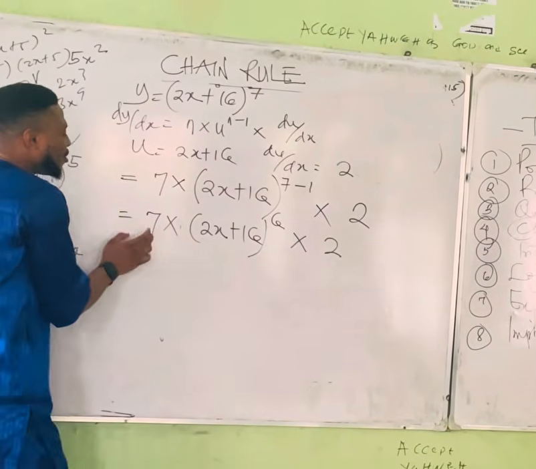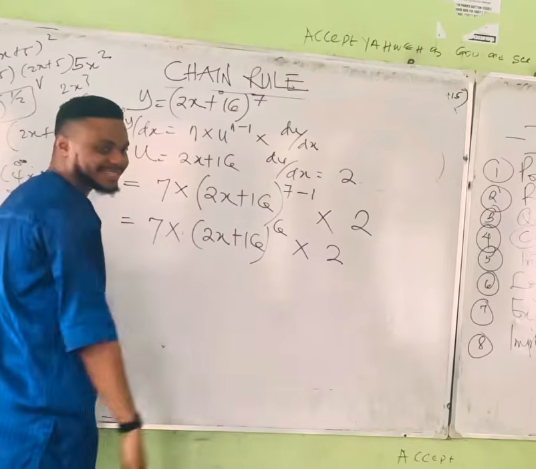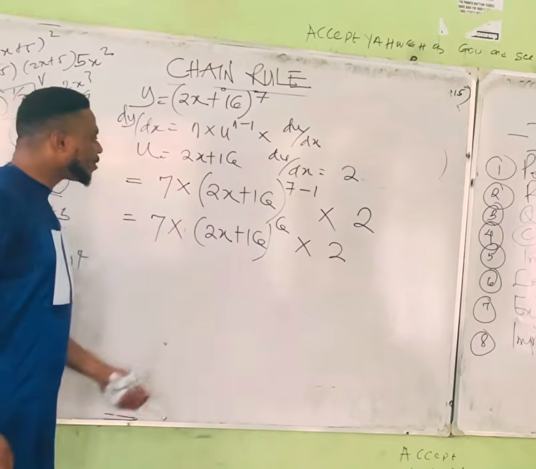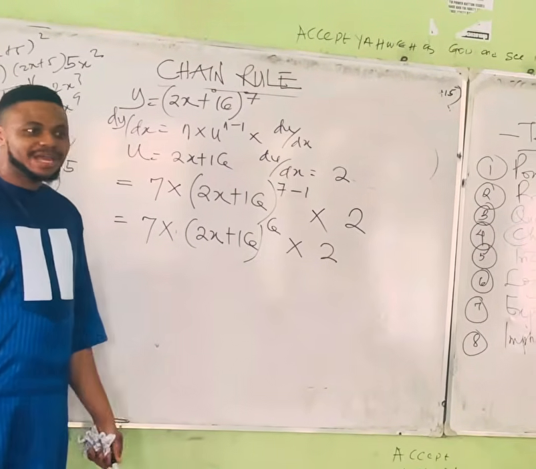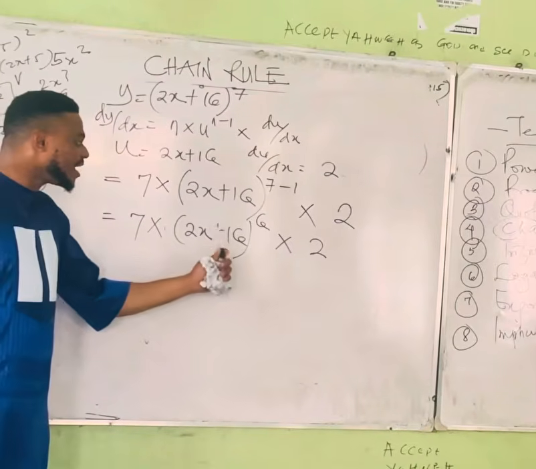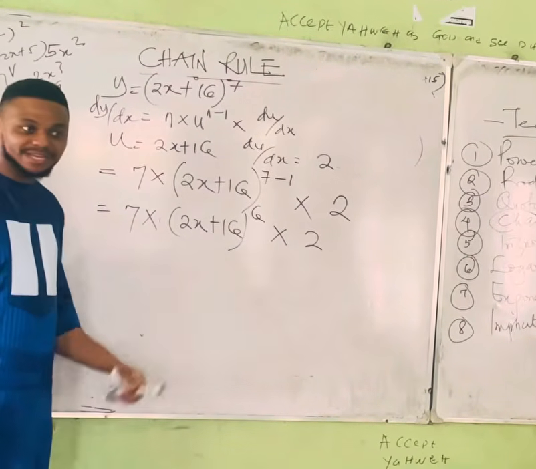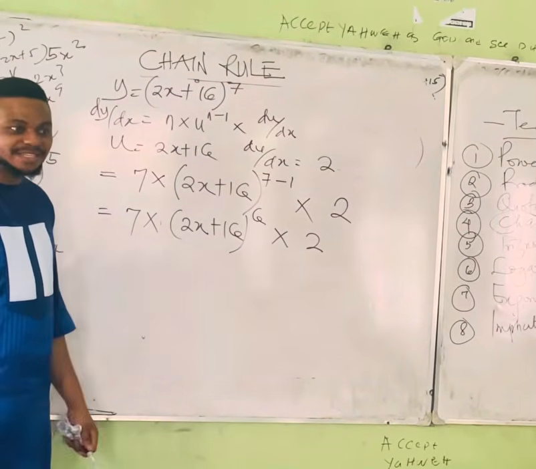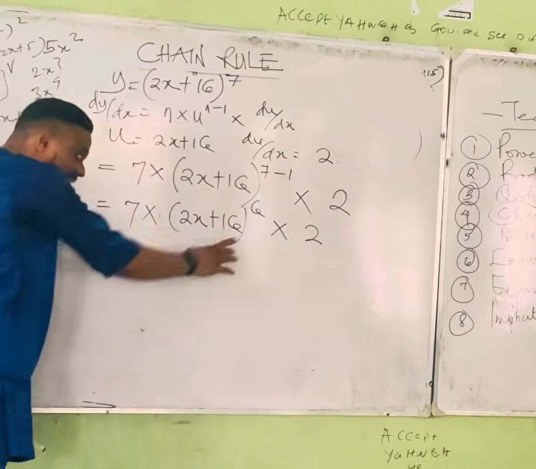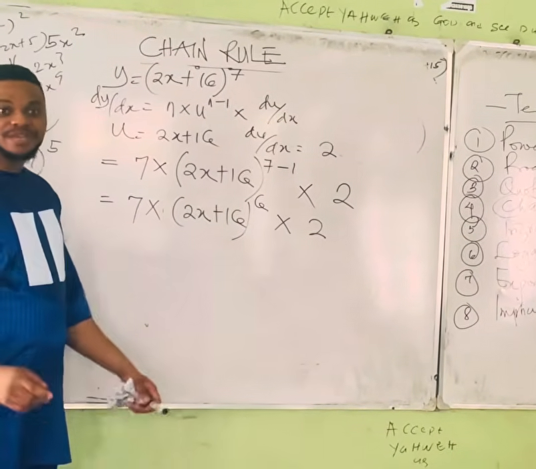Now, you cannot multiply 7 by this bracket, because it has a power. And you are not expected to expand it. It's not your business, don't even try it. You leave it like this till you have the final answer.